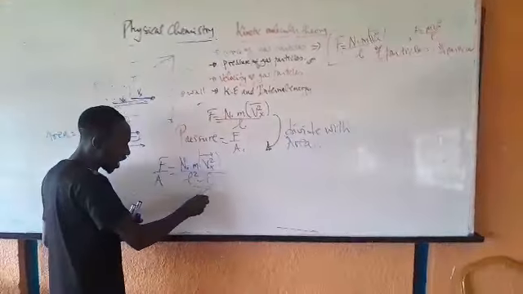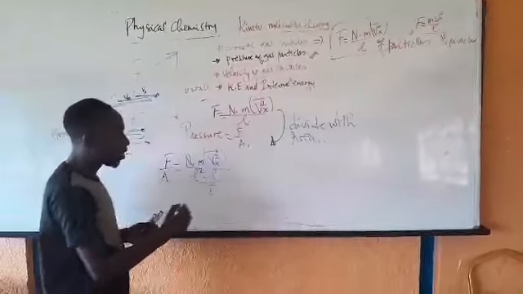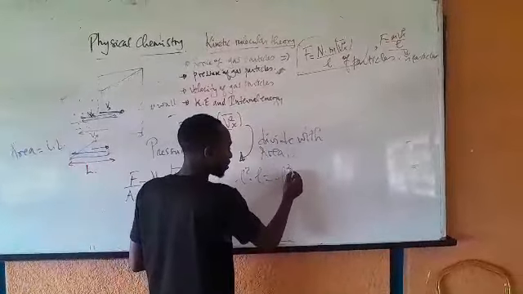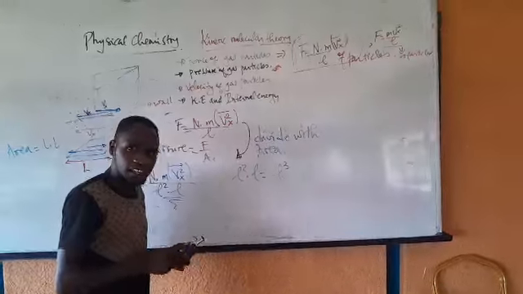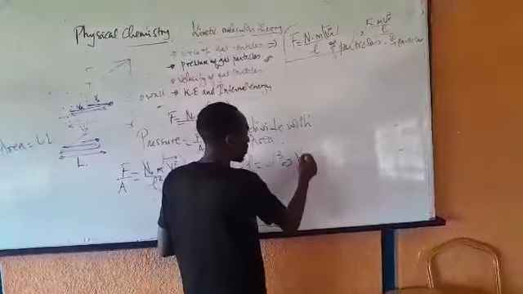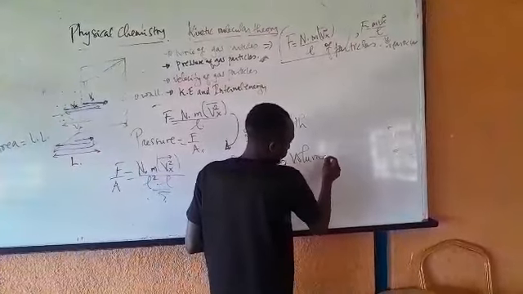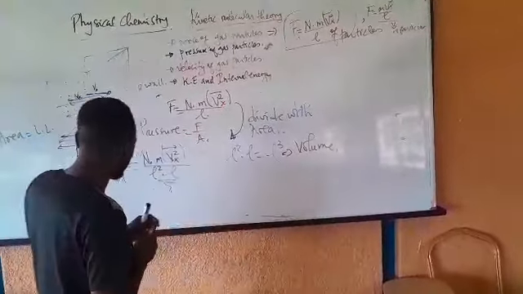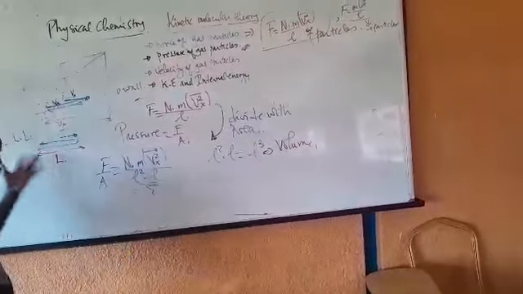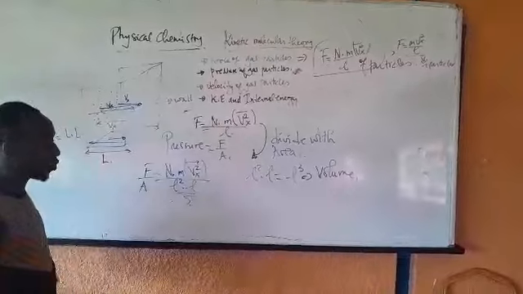Then this r squared times r gives us r cubed, which means the volume, because the volume is the length of this container cubed.